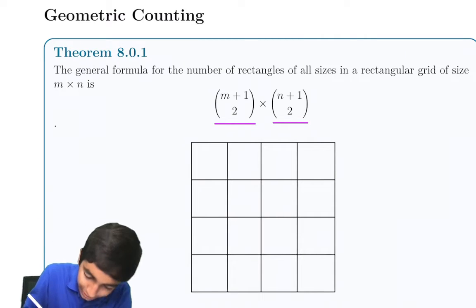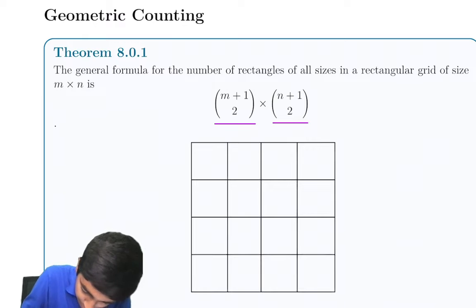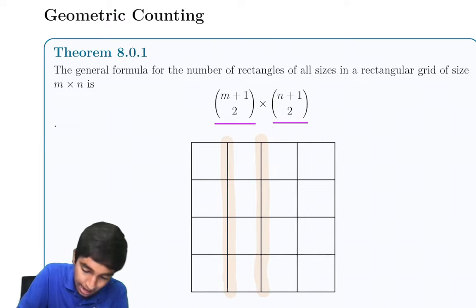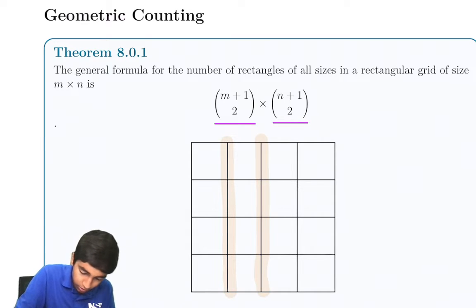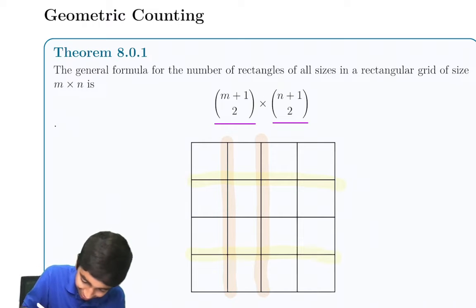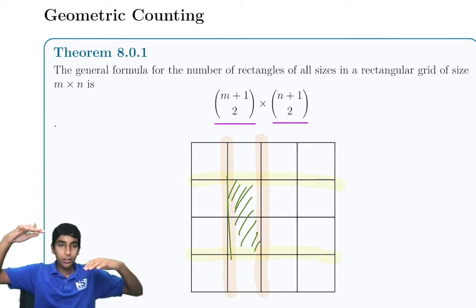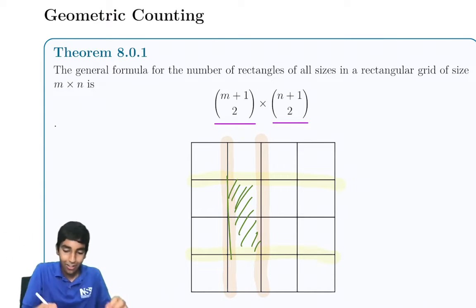Let me draw it out so you can understand. Basically, let's say we choose two vertical lines, and then we choose two horizontal lines. And there we go. We have a rectangle right here, in the center region. Two vertical lines, two horizontal lines forms a rectangle.